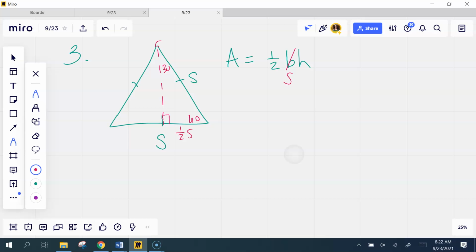How do I get to here? How does a 30, 60, 90 triangle work? The hypotenuse is 2x.